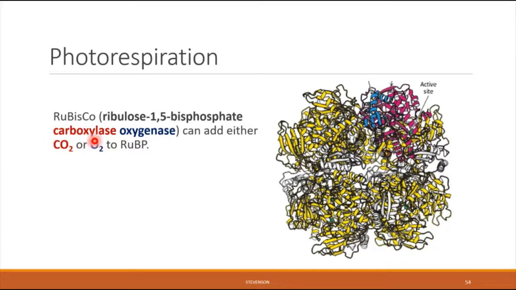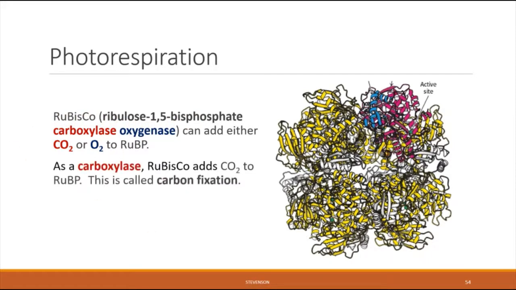But we can also see in the name of Rubisco that it is a carboxylase enzyme, but it's also an oxygenase enzyme, which means that it can either add a molecule of CO2 to RuBP, or it can add a molecule of O2 to RuBP. Carbon dioxide and oxygen gas. RuBP can take either one of those from Rubisco.